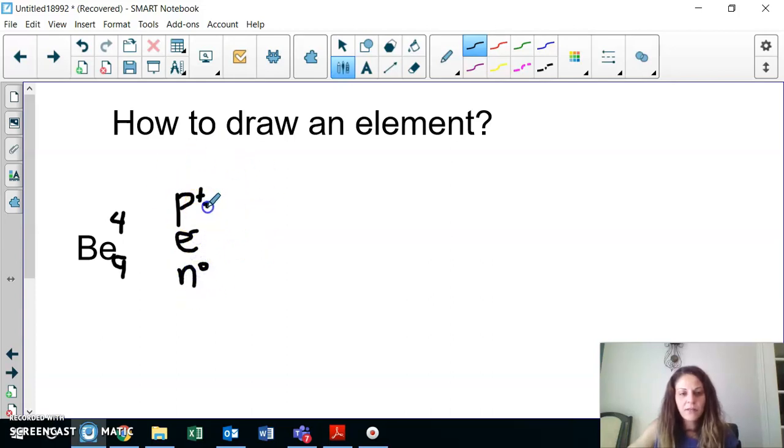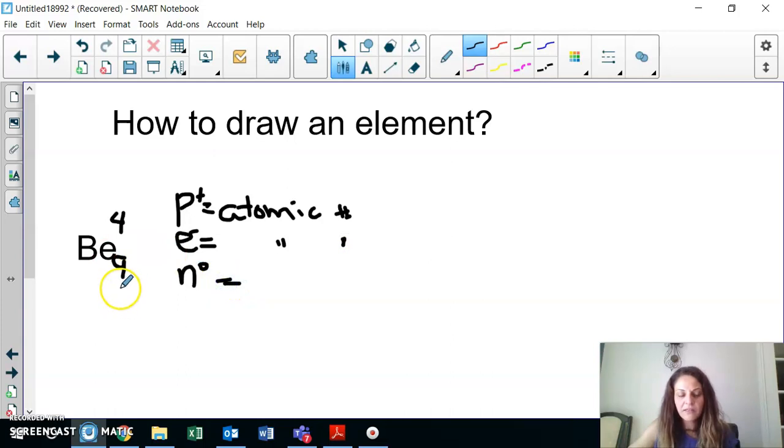So a reminder, protons is equal to electrons. So whatever proton you get, it's the same as the electron. How do you find that? Well, it's with the atomic number. Atomic number. And it's the same thing, atomic number.